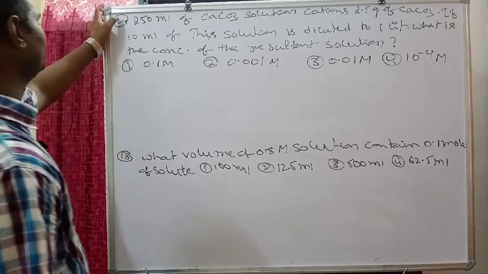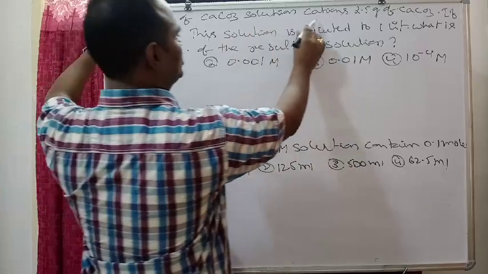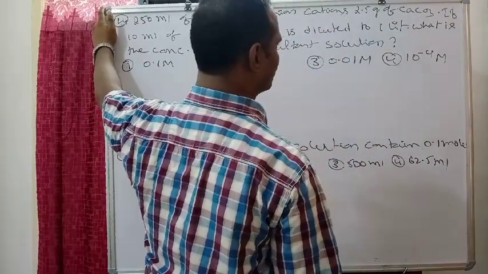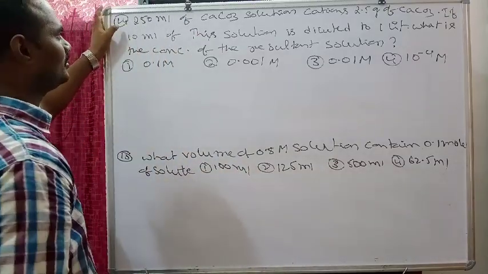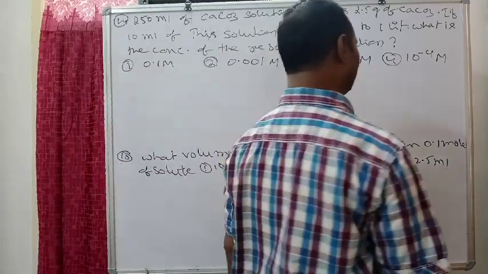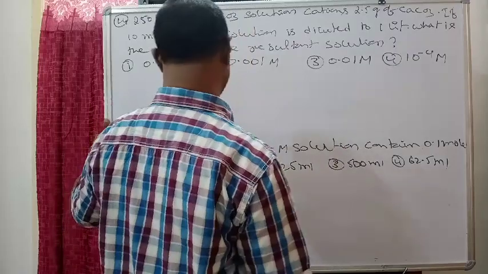Next problem. 250 ml of CaCO3 solution contains 2.5 grams of CaCO3. If 10 ml of this solution is diluted to 1 liter, what is the concentration of the resultant solution?